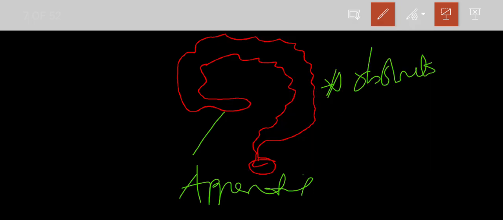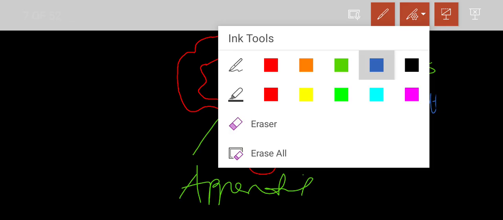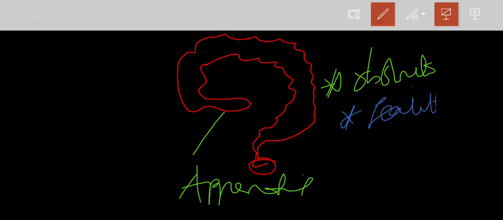In case of some kind of fecalith. So we are going to use fecalith to answer even other questions. So now, where is this obstruction going to occur? This is basically the large intestine, and then we can see the appendix here.